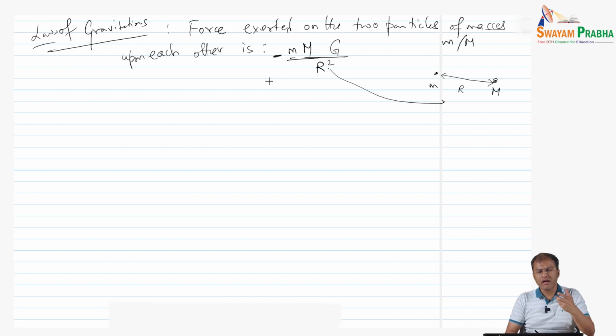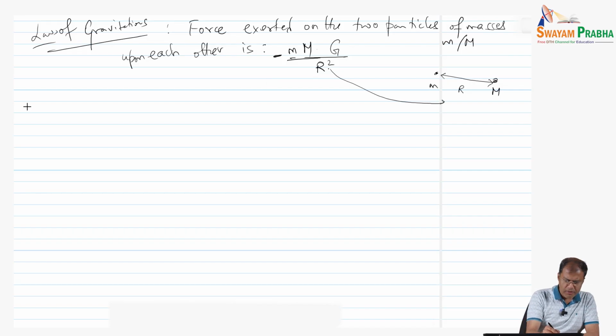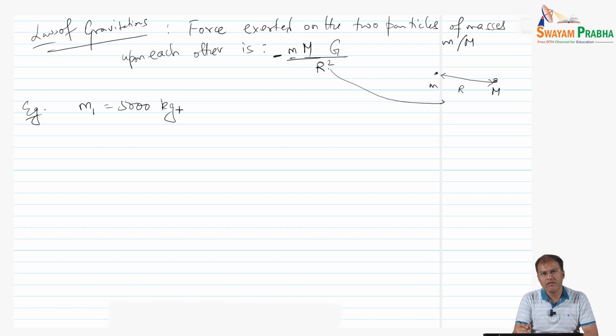So the answer to this question lies in the fact, if we look at an example, as to what is the scale or what is the magnitude of this law of gravitation, right? So let me just show you with an example. Suppose we have two masses, let's say m1 is 5000 kgs, right? Typically that is much more than the weight of a person. So let's say m1 is 5000 kg and m2 is also equal to m1.